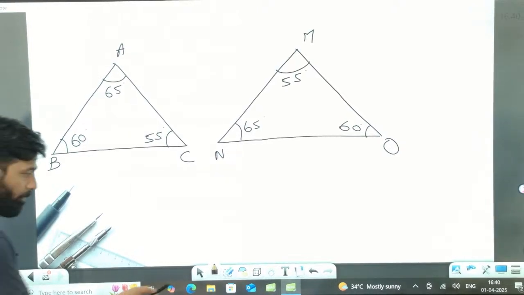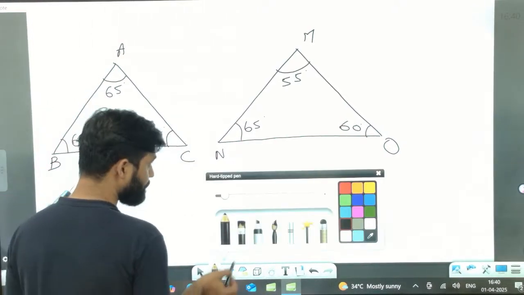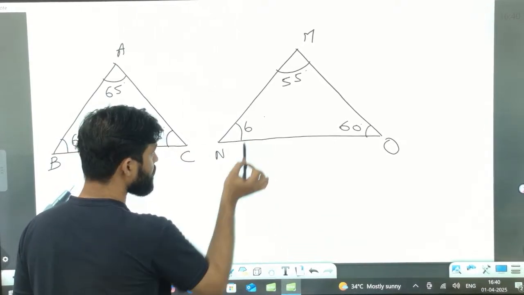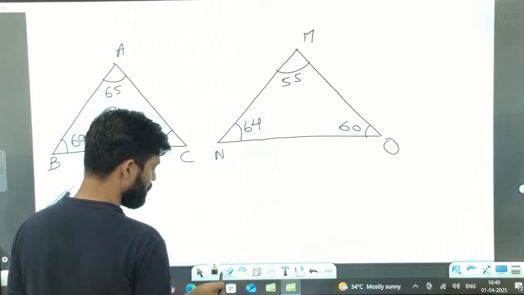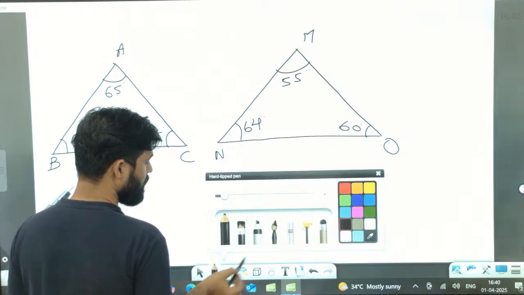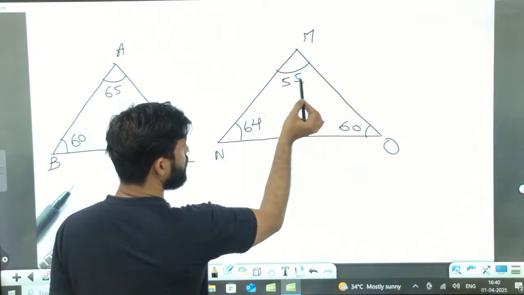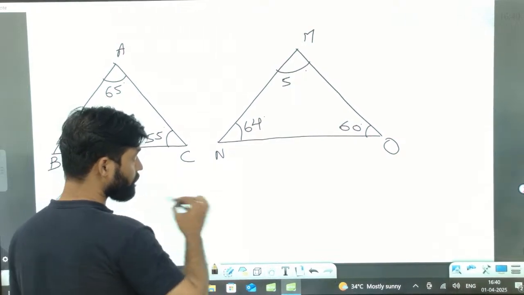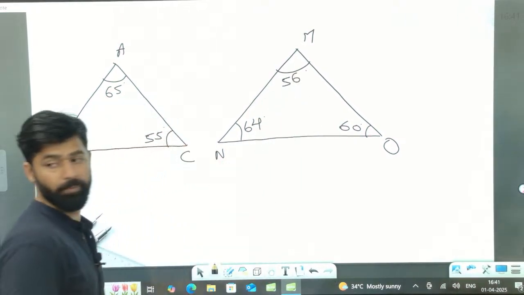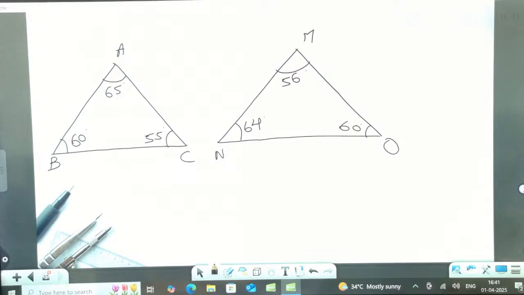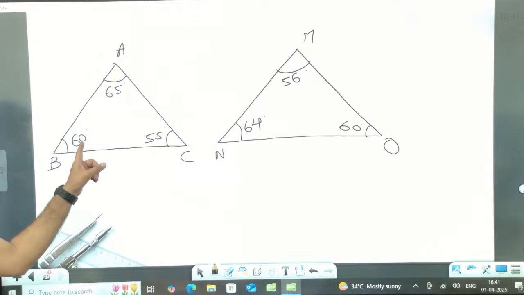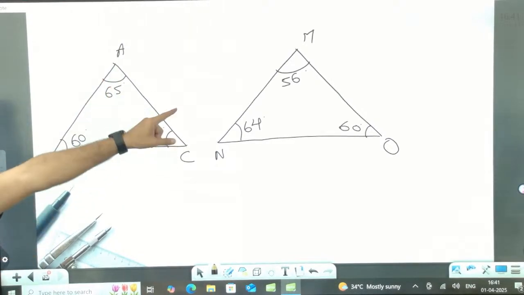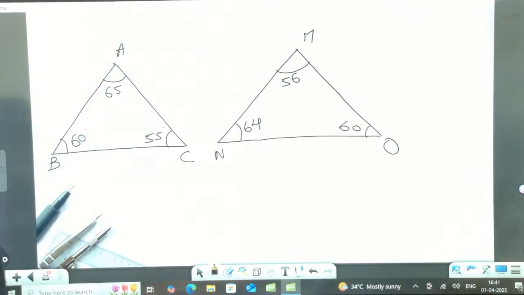Okay. Just tell me one thing now. Are they similar now? They cannot be superimposed. So we cannot place that triangle on that one, or this triangle on that one. So they are not similar. Getting it? Any problem in this?